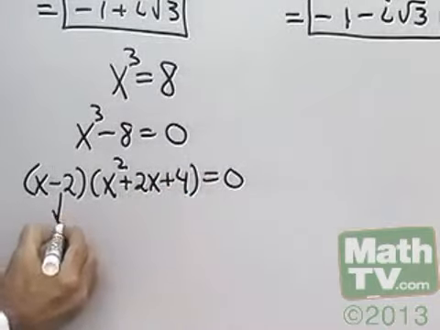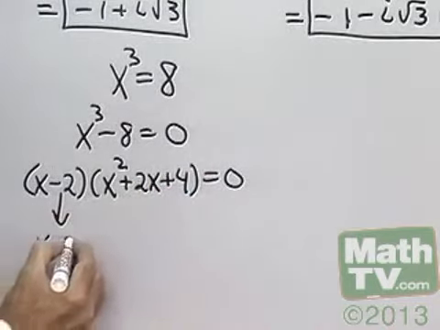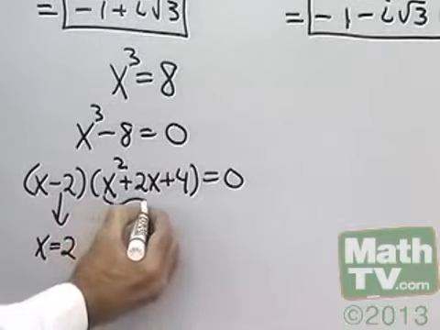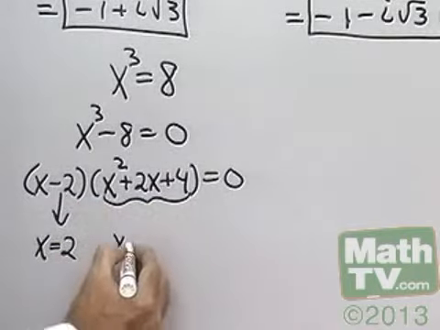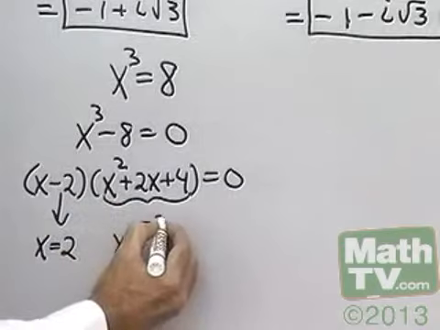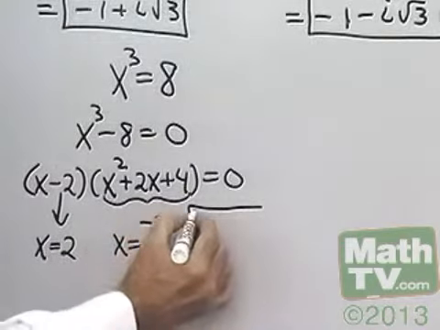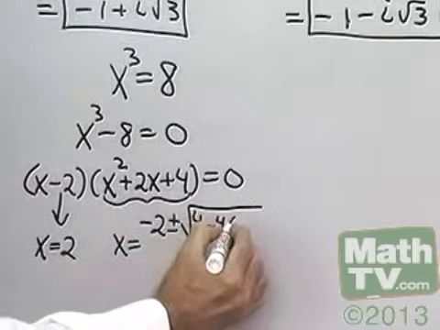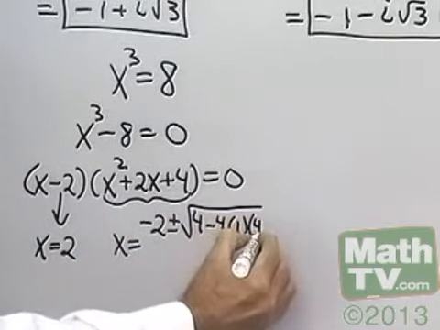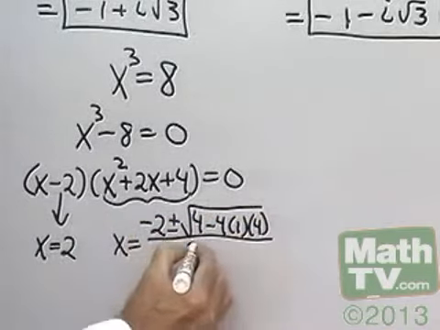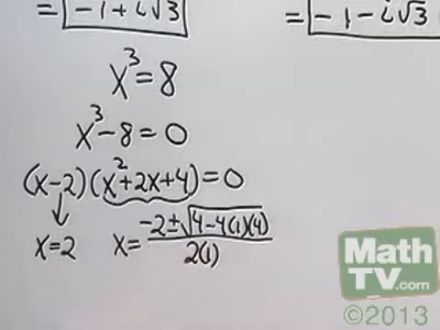If I set this factor equal to 0, I get x equals 2. When I set this factor equal to 0, I'll have to use the quadratic formula: x equals negative 2 plus or minus the square root of b squared minus 4 times a times c, all divided by 2 times a. Now I'll simplify this.